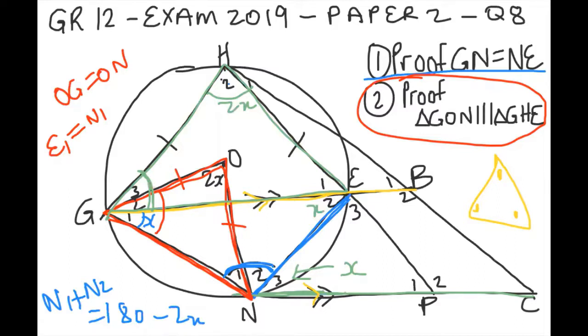Because of that, we have now proved three angles are the same. And because the three angles are the same, we have now proved that triangle GON is not parallel, congruent, to triangle GHE. GON is the red one, and GHE is the green one.